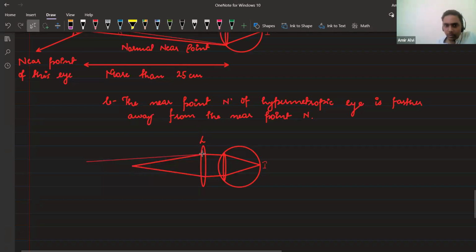So basically, the light rays were like this. Okay. So this was the case.